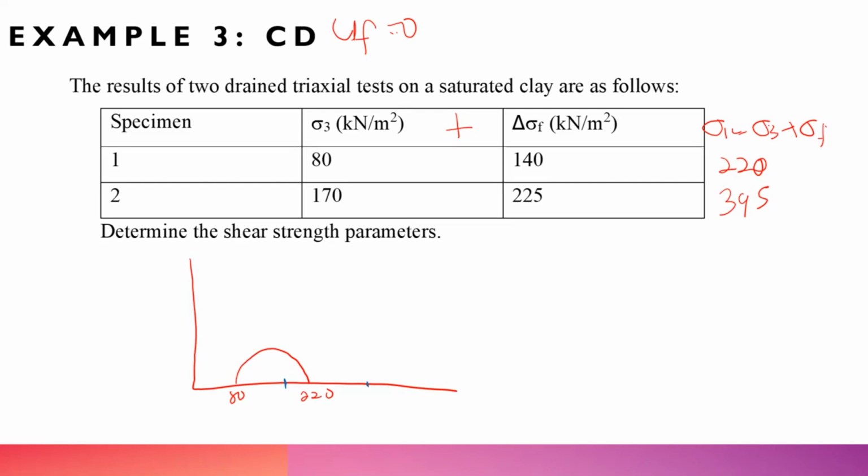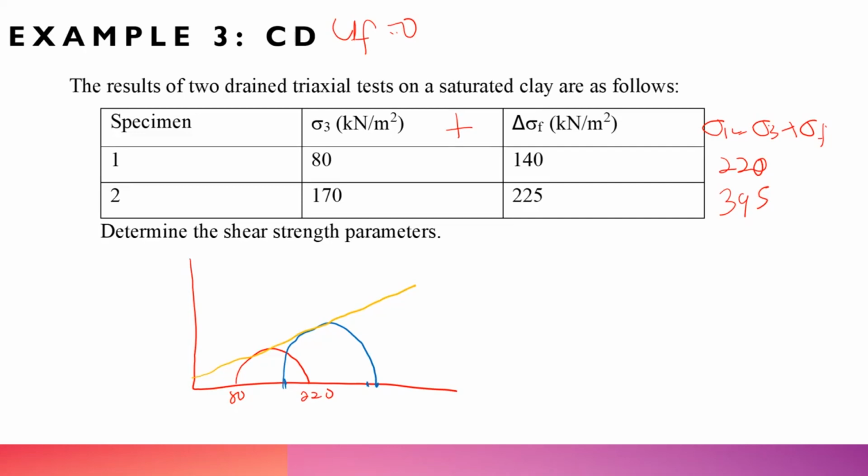So you have another circle for specimen number 2. Therefore you can plot the failure line, tangent to both circles, because you only have 2 circles, so definitely it has to be tangent to both of them.